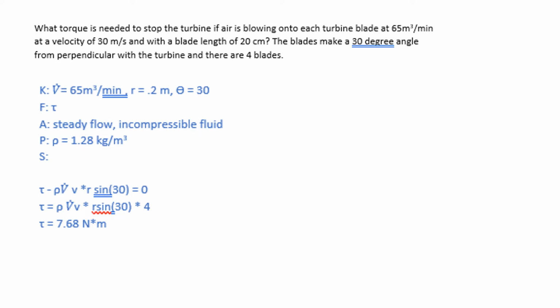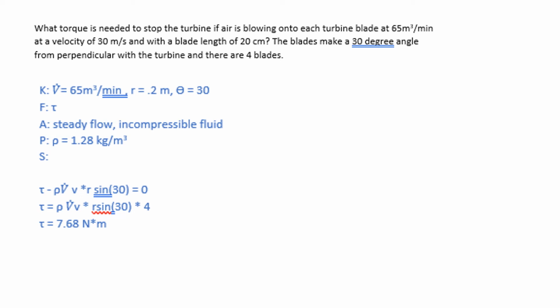And then we set up our angular momentum balance. So tau, or the torque, minus m dot v r, which in this case will be rho times volumetric flow rate to get our mass flow rate, and we have our velocity, and then our r sine 30 degrees because our blades are 30 degrees from perpendicular to the turbine itself.